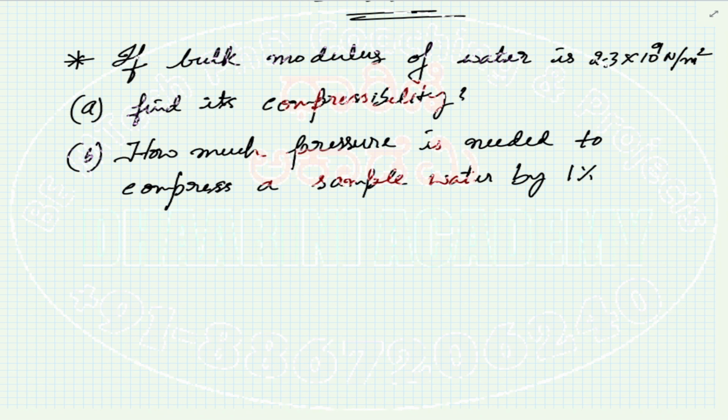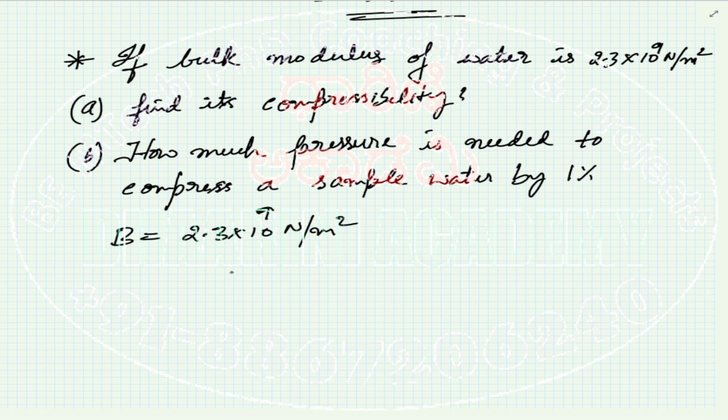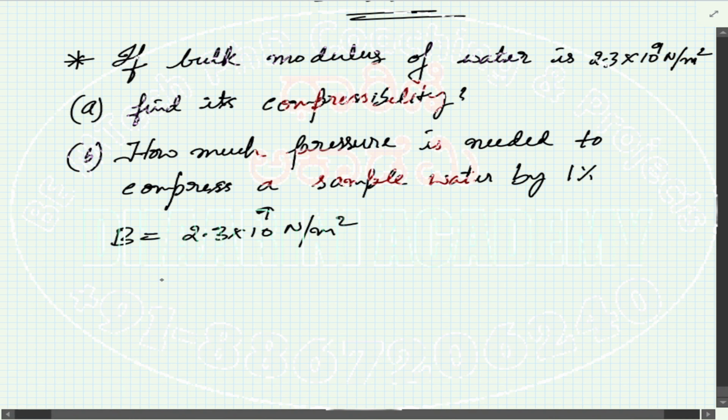All right, so let us calculate. We need to calculate the B value. B is given. So B is equal to 2.3 into 10 to the power 9 Newton per meter square. This has to be normally represented in atmospheric pressure.